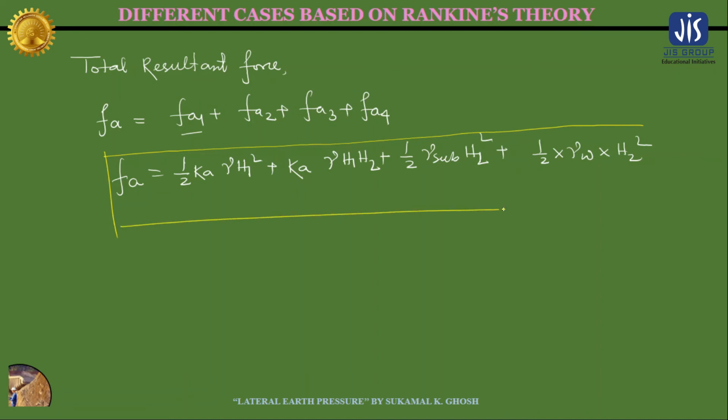Now it is acting where? It is acting at a depth of y bar from the base of the sheet pile. And what is the value of this y bar?